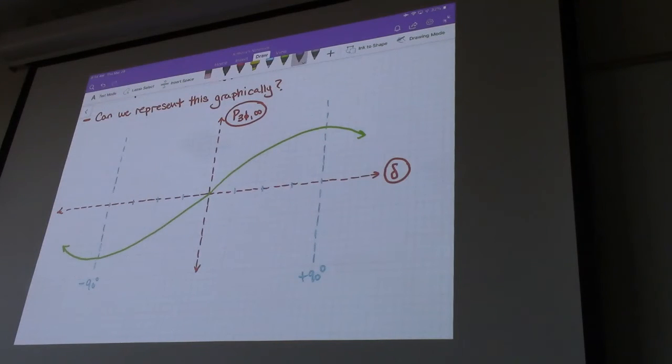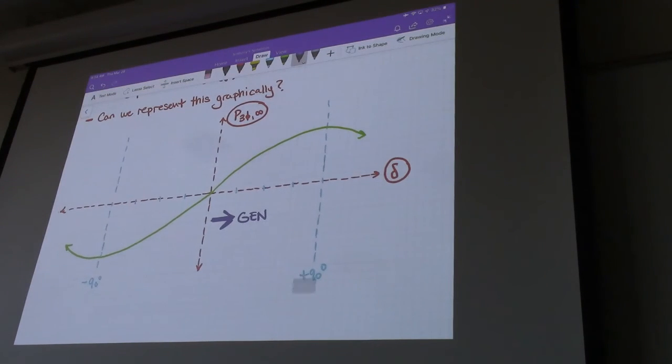So first things first, on this side, we have generator type behavior. The amount of power being generated is greater than 0. On this side over here, we have motor type of behavior. The amount of power being consumed is greater than 0.